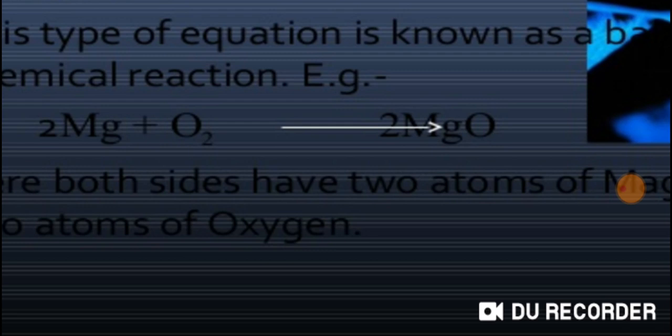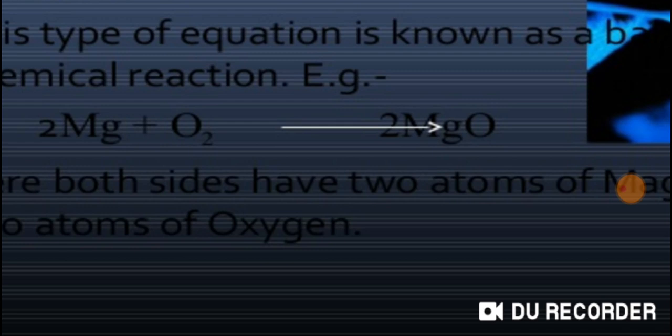molecules. Now the magnesium has two atoms on the left side, and two magnesium atoms are present on the right side, whereas O2 was a complete molecule of oxygen having two atoms bound together.